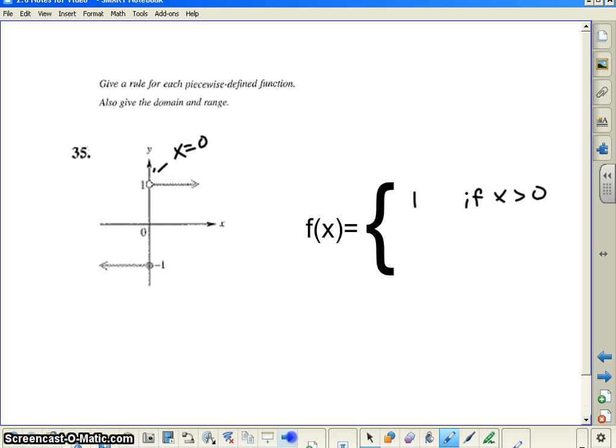Okay, the other restriction down here, we have another open circle, and all the numbers are going to the left in the domain there. So if x is less than 0, then I'm going to graph -1.